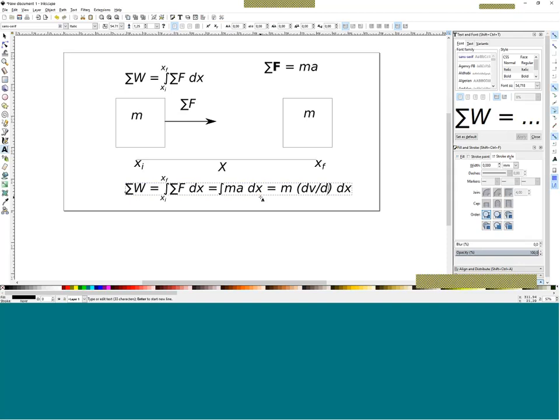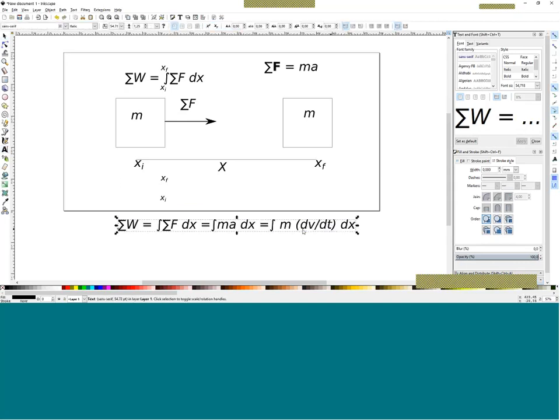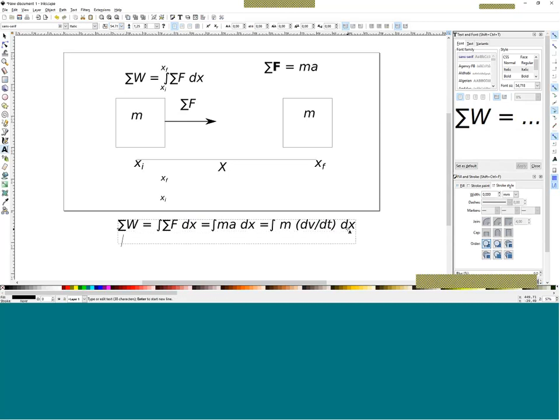You can write this as the derivative of velocity with respect to time, and then extend it further: dv over dx times dx over dt.